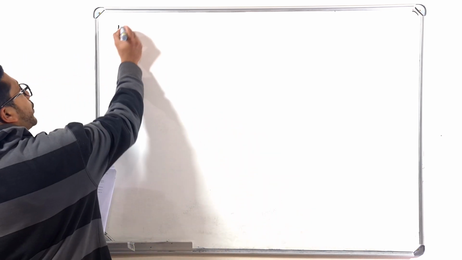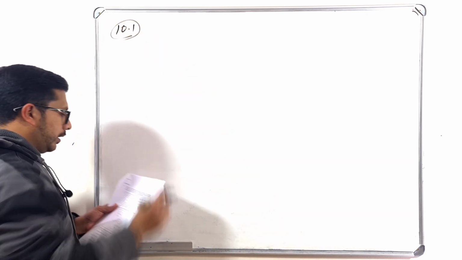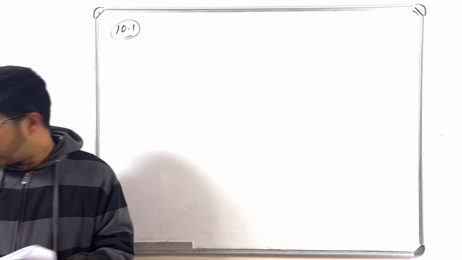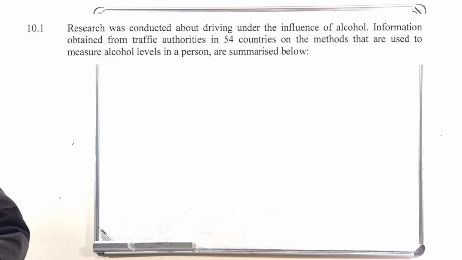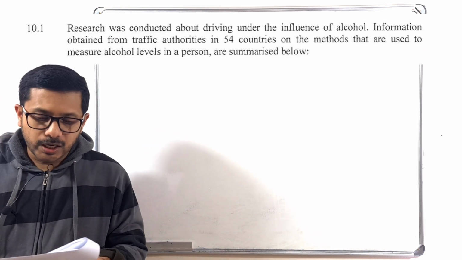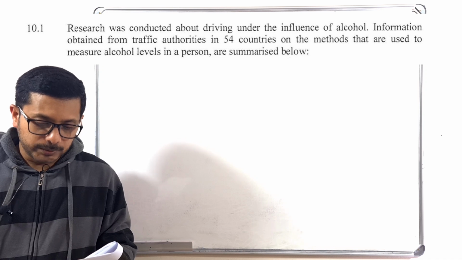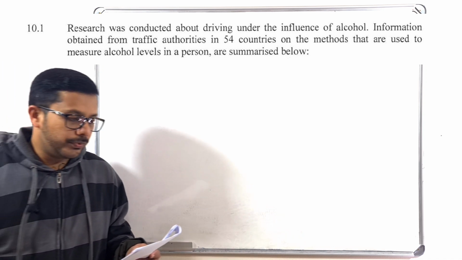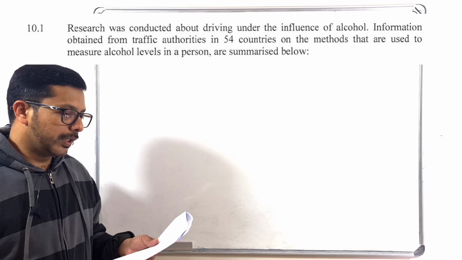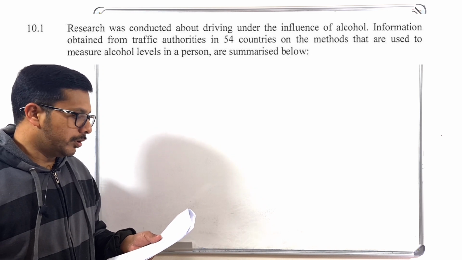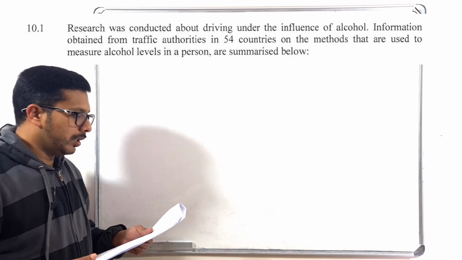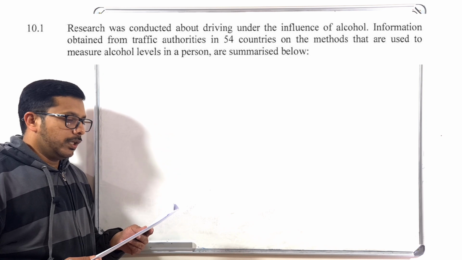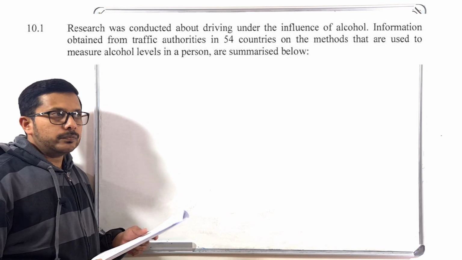What is question number 10.1? Research was conducted about driving under the influence of alcohol. Information obtained from the traffic authorities in 54 countries on the methods that are used to measure alcohol levels in a person is summarized below.